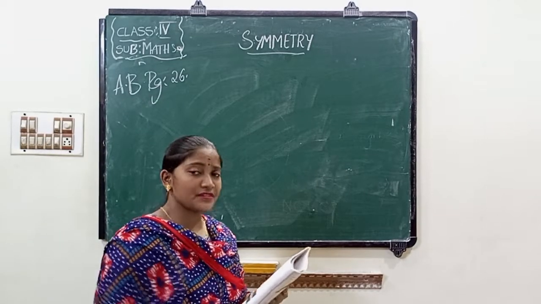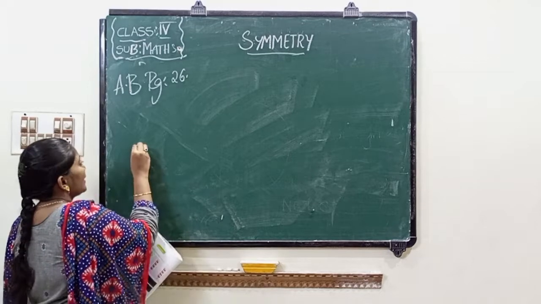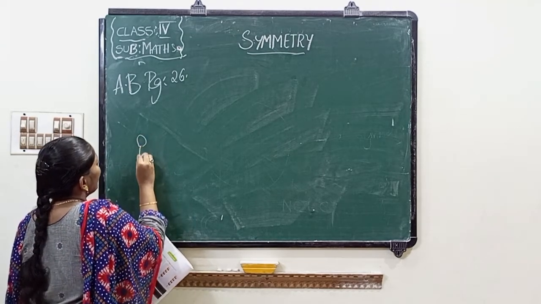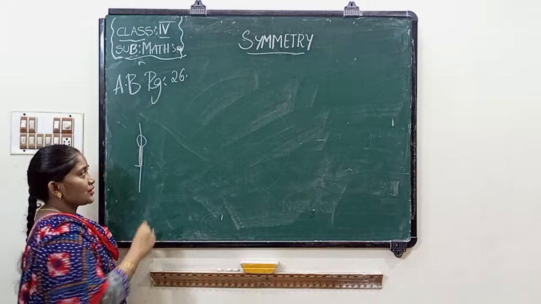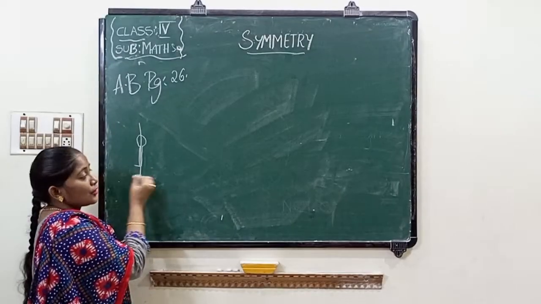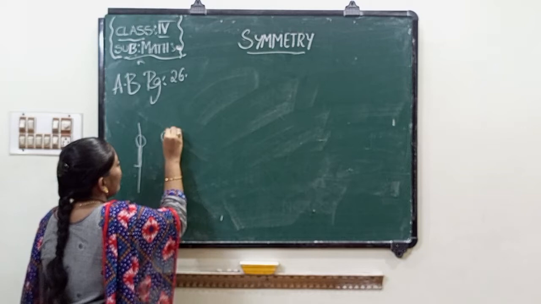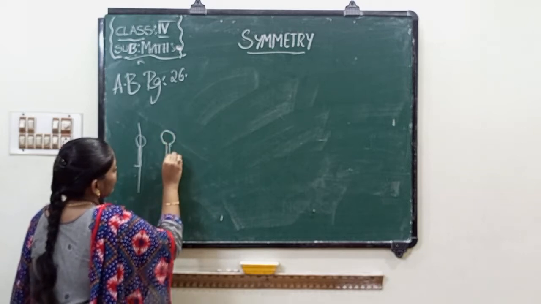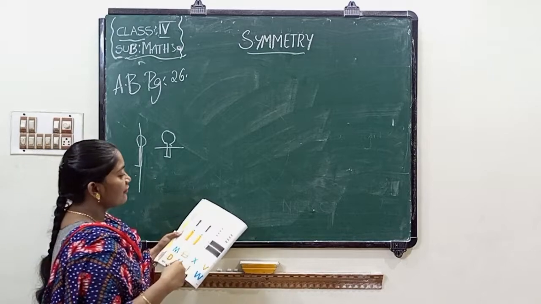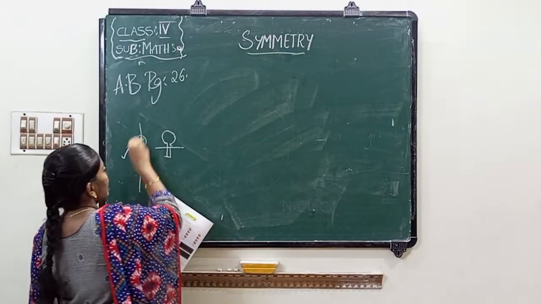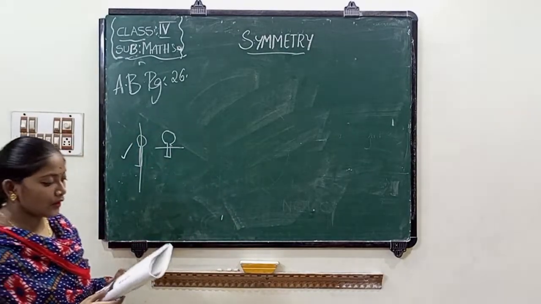Identify the correct line of symmetry. Mine will be like this. If I place a line of symmetry like this, the two parts are the same. If I place it like this, are the two parts the same? No. So the first one is the correct one.